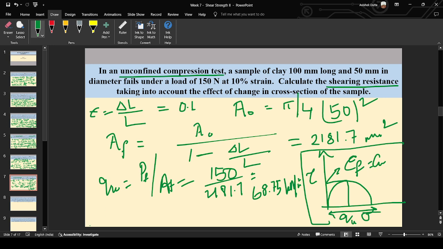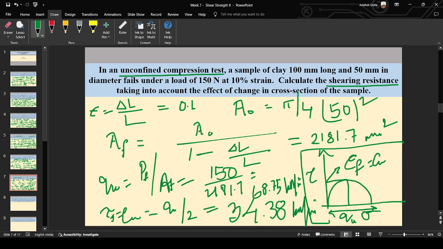Now, shearing resistance is the shear strength, that is, you can write as tau f equal to Cu equals Qu by 2. Now Qu equals 68.5 divided by 2, we get approximately 34.38 kN per meter square. Okay, 34.38. Clear?